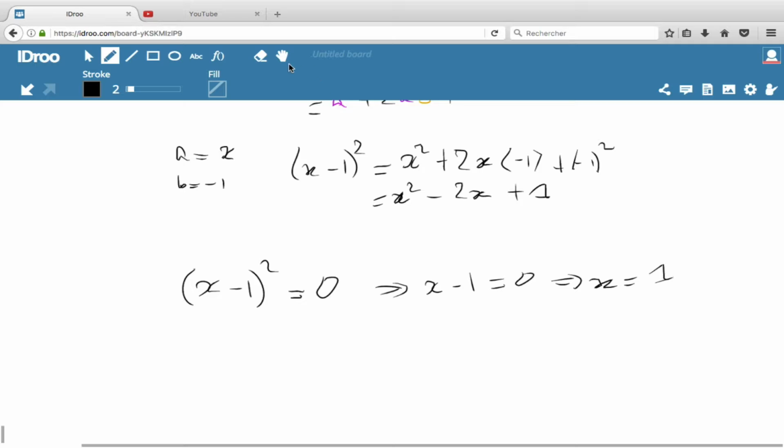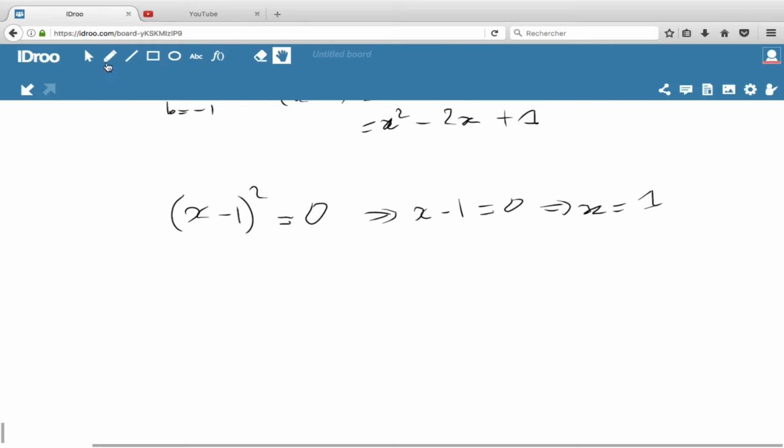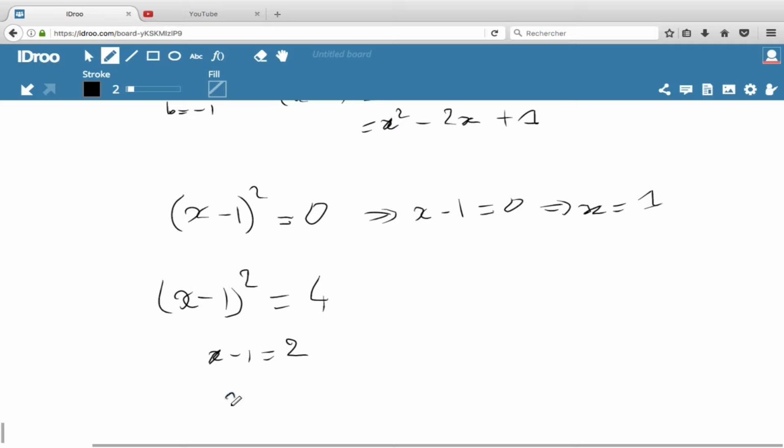Okay, if we have to solve this kind of problem, x minus 1 to the square equals 4, you can say, okay, I've got an idea. Let's assume x minus 1 equals 2. You can say that works, because if you get 2 to the square, you get 4. So that works. You can say, hey, x equals 3.